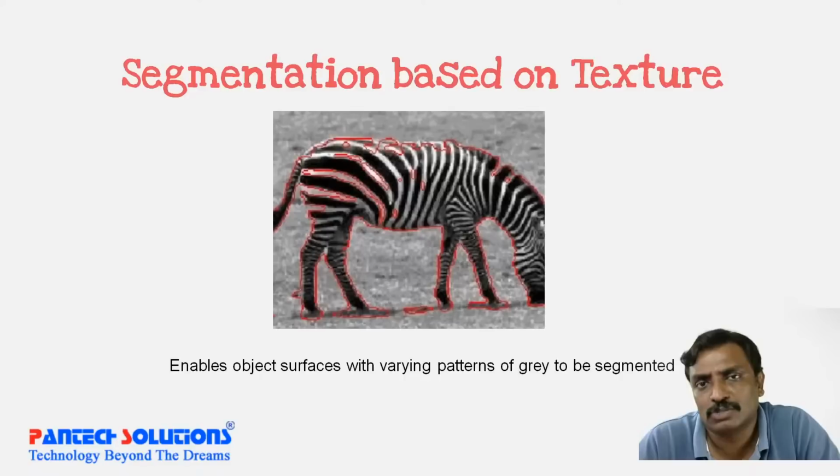For example, if you take mosaic or tiles, they have a repetitive pattern, so you can do segmentation based on textures. That is texture-based segmentation. In this example of a zebra, the pattern is the texture pattern; you could segment it and extract the object from the image. So that is texture-based segmentation.